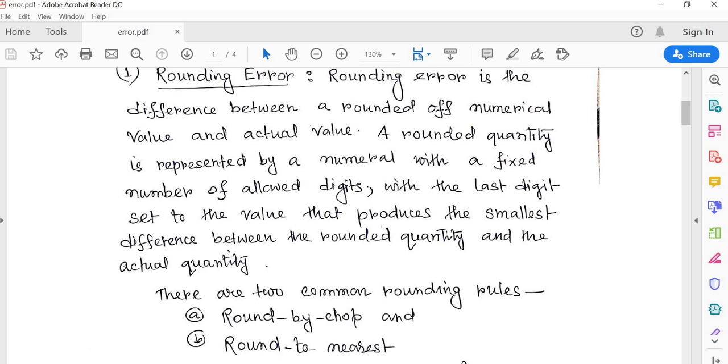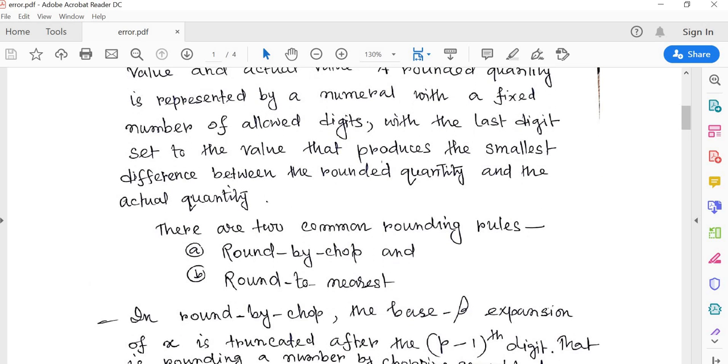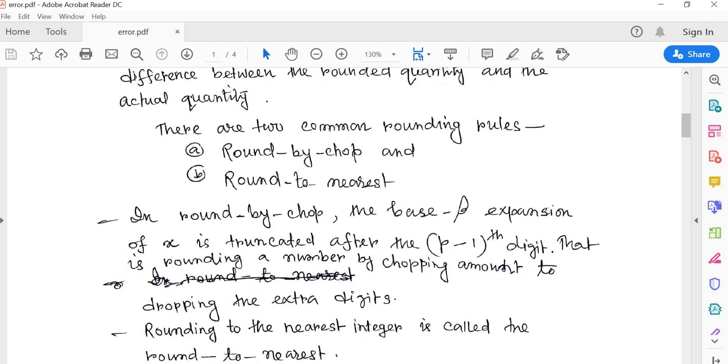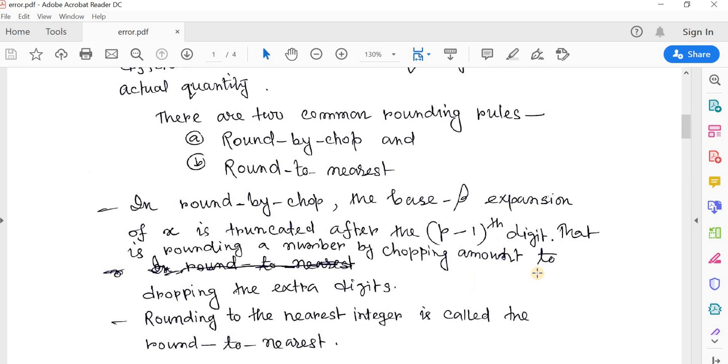There are mainly two common rounding rules. First one is round by chop and second one is round to the nearest. So what is round by chop? Round by chop is rounding a number by chopping, amounting to dropping the extra digits. We will see an example.